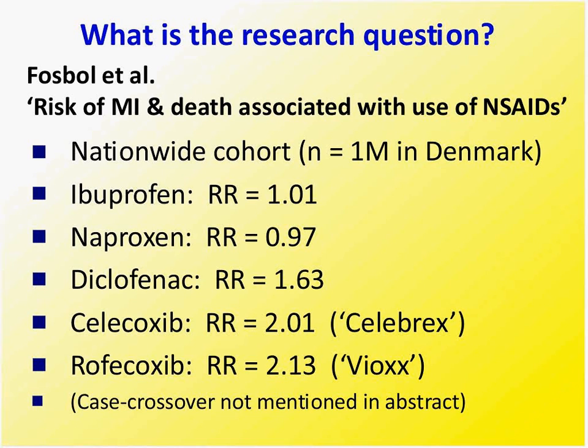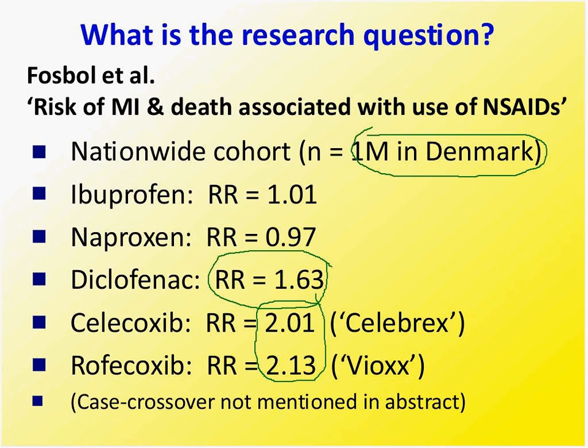That approach was taken in a study done in Denmark by Fosbol et al., using 1 million Danes, and they got the kinds of ratios that we have come to see associated between myocardial infarction and the COX-2 selective anti-inflammatories. Interestingly, they did a case-crossover analysis, but it wasn't mentioned in the abstract. Maybe a reviewer asked them to do it.